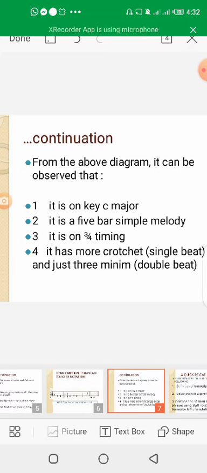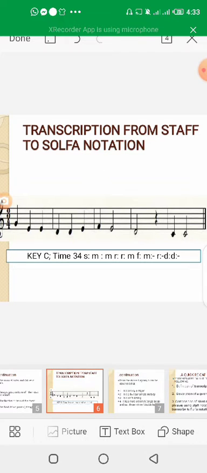You can say it's on the key C major. It is a 5-bar simple melody. It is on 3/4 timing. And it has more crotchets, few minims, and a rest. You can add that.